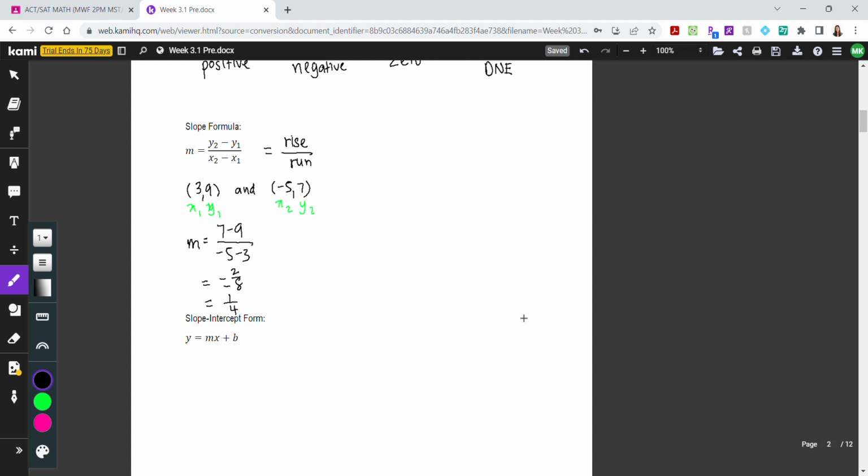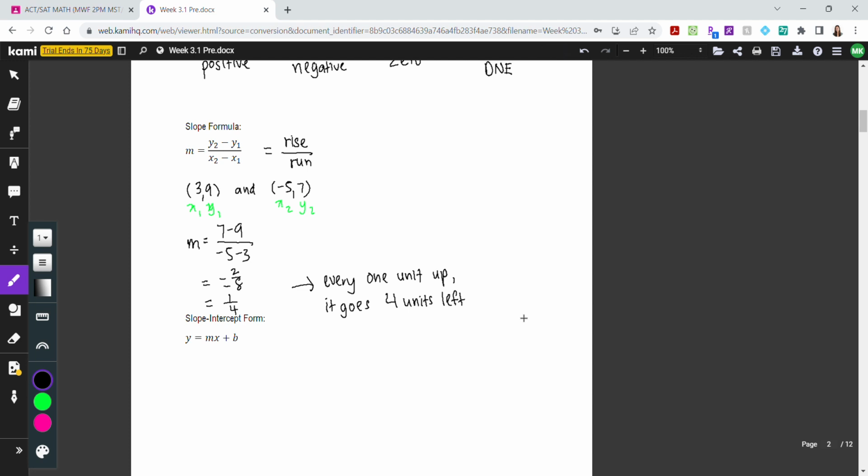What this also tells us is that for every 1 unit up, it goes 4 units right, essentially. That's what I mean by rise and run, right? The number on top will be your rise. So it rises by 1 because it's a positive 1.